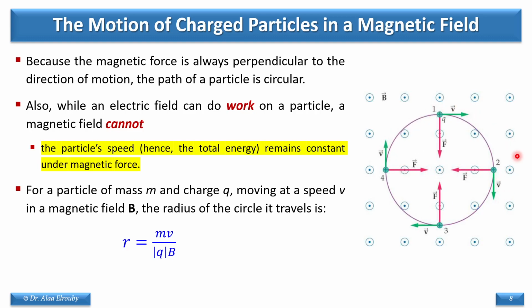So this will cause the charge to move in a circular path, and with some analytical study and derivation, we can find the radius of this circular path, and this radius equals the mass of the charge multiplied by its velocity divided by the amount of charge and the magnetic flux density.